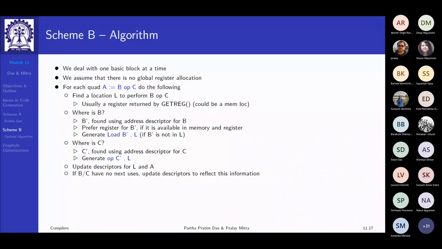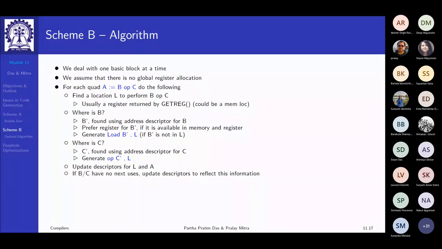To give effect to the assignment after the operation, all that you need to do is to update the descriptor for L and the descriptor for A. For example, the descriptor for L earlier had B, because L was carrying B, that is what we guaranteed.